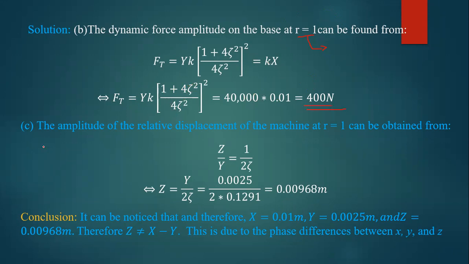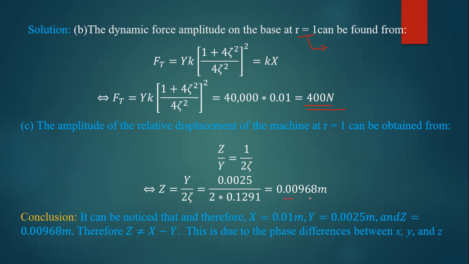Finally, the amplitude of the relative displacement of the machine at r equal to 1 is Z over Y, equal to 1 over 2 zeta, which is in the quality factor condition. This 1 over 2 zeta is Q actually. So Z is equal to Y over 2 zeta.